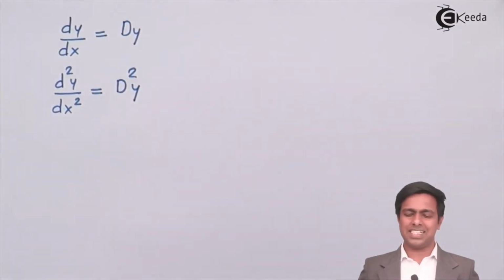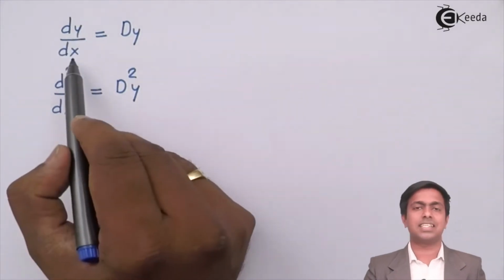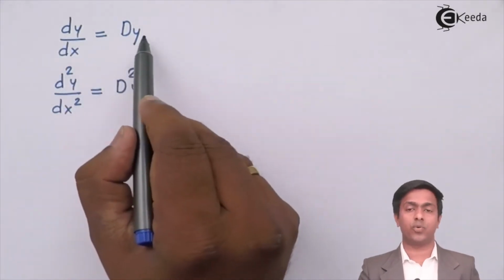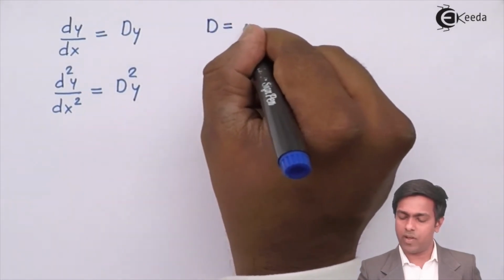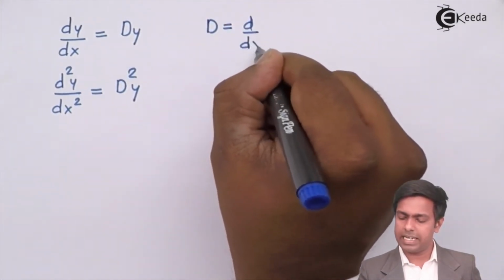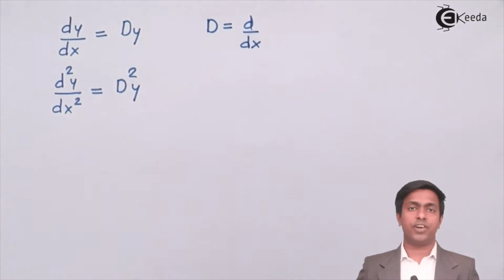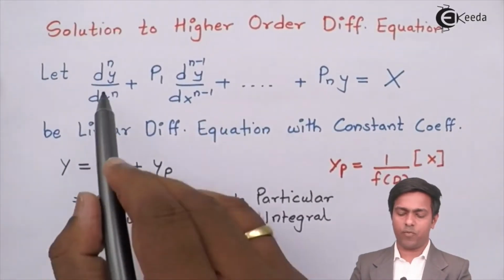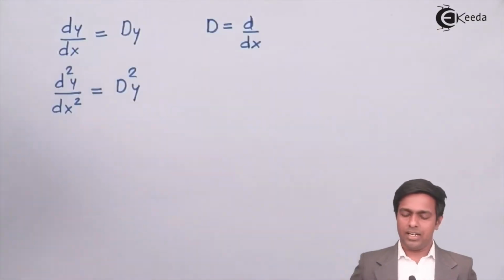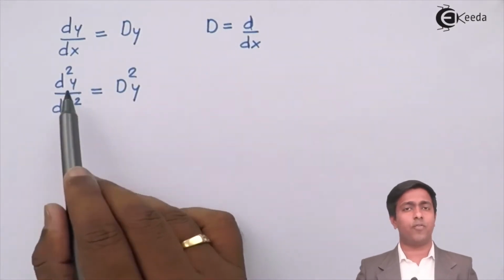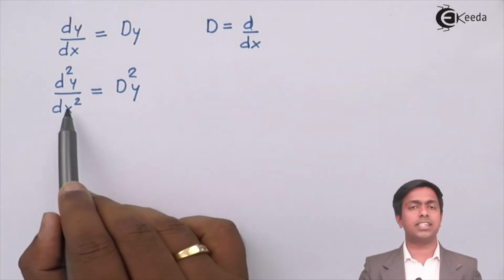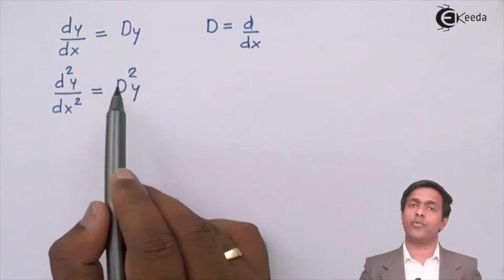So on screen you can see that dy by dx is written as capital D into y. So this capital D is called as operator and its value is d by dx, if your differential equation is in terms of y and x. Next, d square y by dx square. It's the second order derivative of y with respect to x. So it is denoted as D square y.